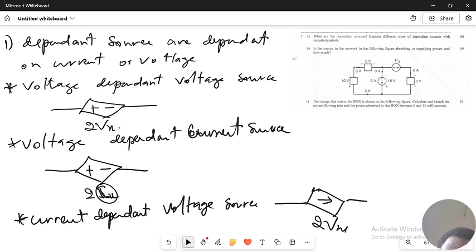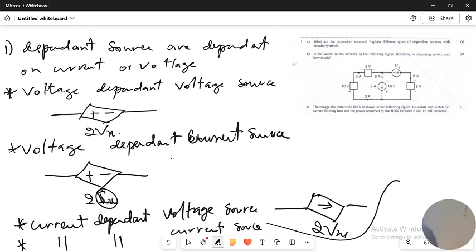I can also have a current source dependent on a current, and this one is going to be like 2Ix, because it's dependent on a current.